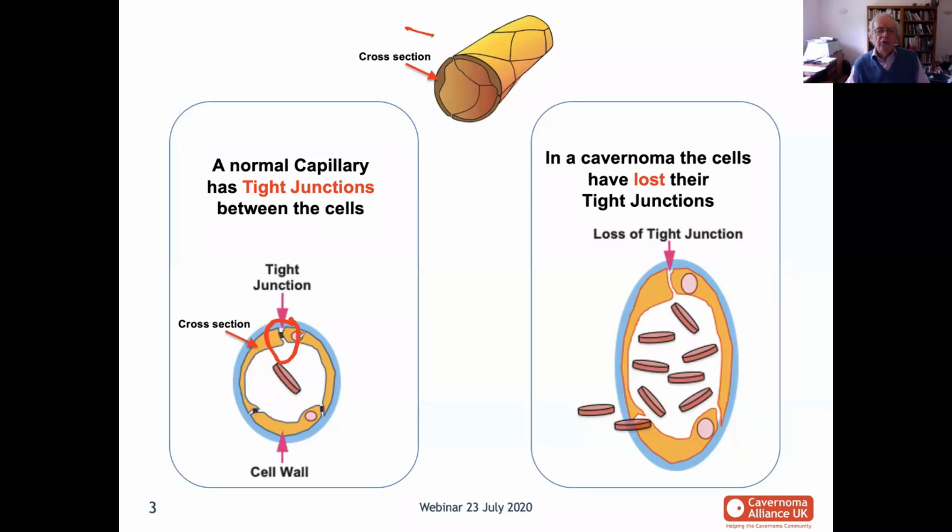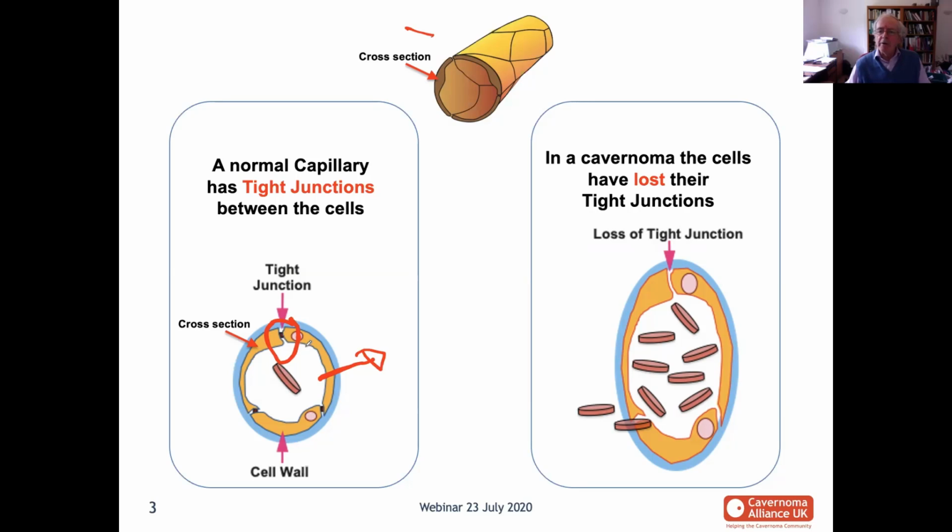And those stop anything leaking out of the cell. Clearly nutrients or oxygen go through the cell from the blood to the brain, but blood platelets, red blood cells or whatever can't get out through there. And this is part of what's called the blood-brain barrier.